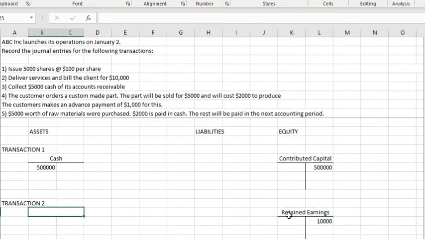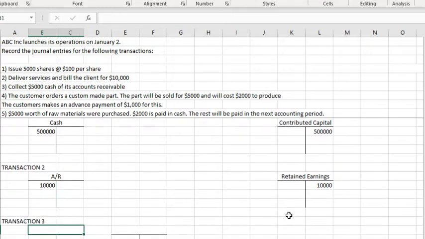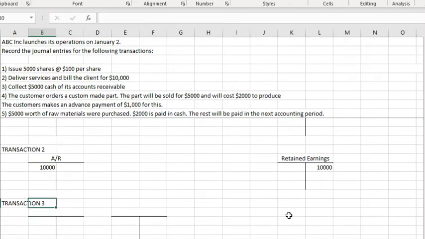And they are billing the client, they haven't received cash yet, so they are going to increase their accounts receivable by the same amount. So accounts receivable is going to increase by $10,000, and retained earnings is also going to increase by $10,000. On transaction number 3, the company is collecting $5,000 cash for its accounts receivable.